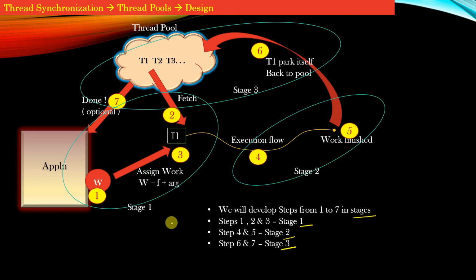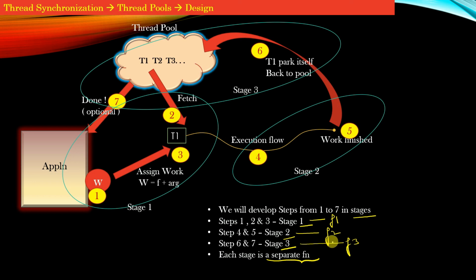So we have divided these steps into stages. The reason is that we are going to implement each stage as a separate function. Corresponding to stage 1, we have a function f1. Corresponding to stage 2, let's say we have a function f2. And corresponding to stage 3, we will have a function f3.